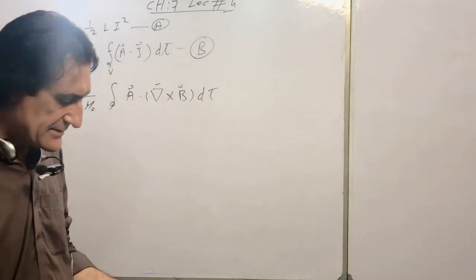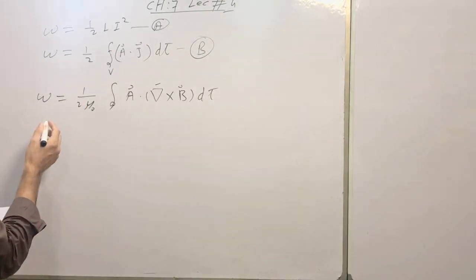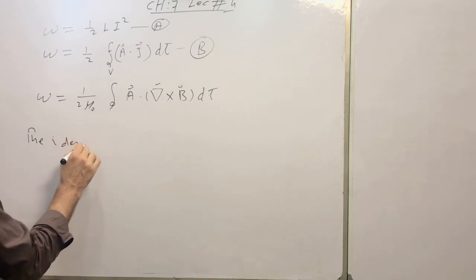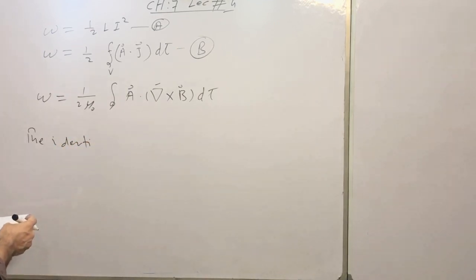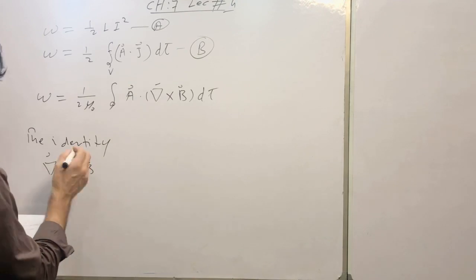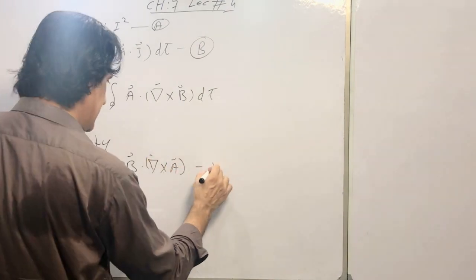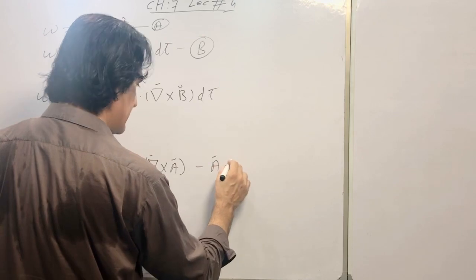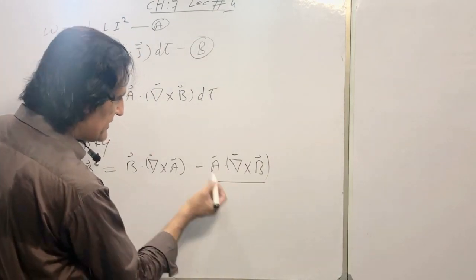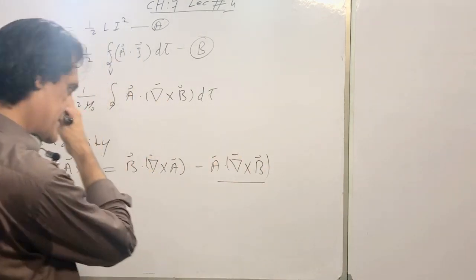For example, the identity is del dot A cross B, which is equal to B dot del cross A minus A dot del cross B. And we are interested in this because we have A dot del cross B here, so we need to find the value of this.